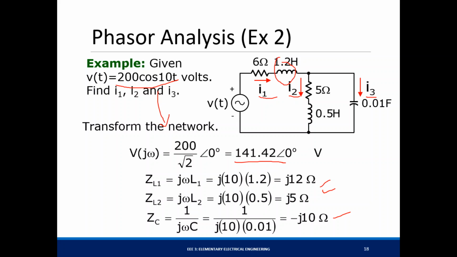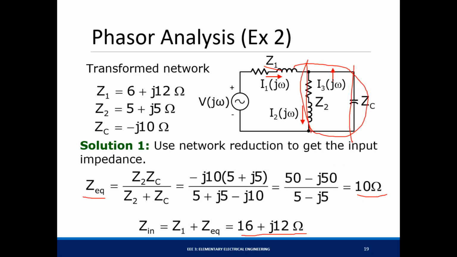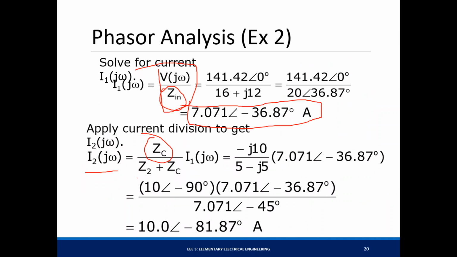Right here, the current I1 is split into I2 and I3. You can solve I2 and I3 using current division. Okay? So I2 is equal to the impedance at the capacitor, so the impedance at this branch here, divided by the total impedance, times the current going in, which is equal to this.